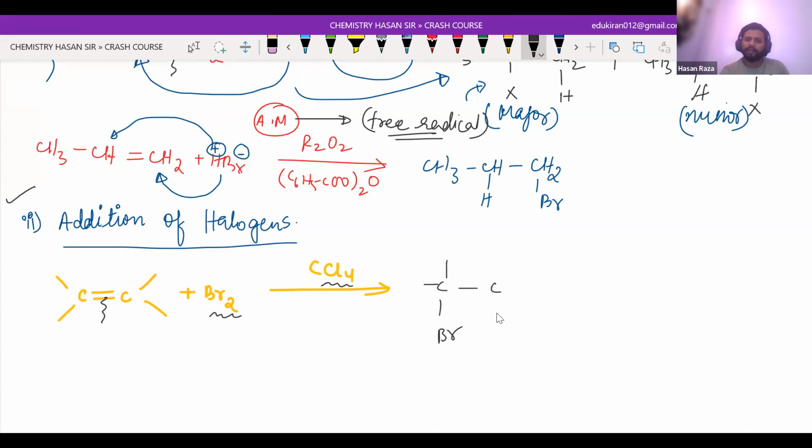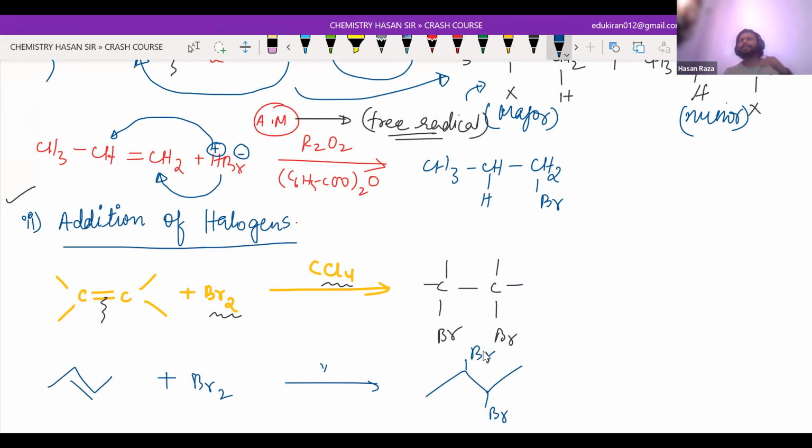Bromine will be attached at adjacent positions. Again, if you have anything like this and you add Br2 in CCl4, then you write this. Whether the alkene is symmetrical or asymmetrical, it doesn't matter. Okay. So I think it's clear.